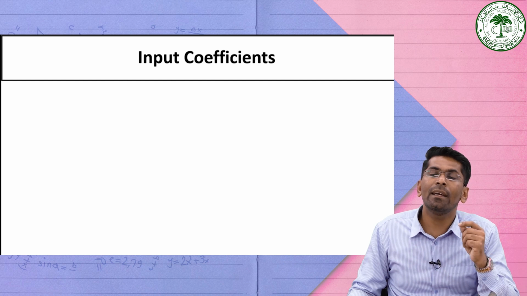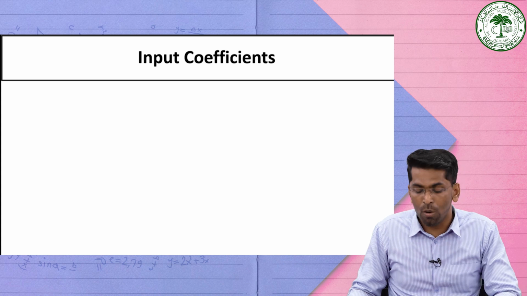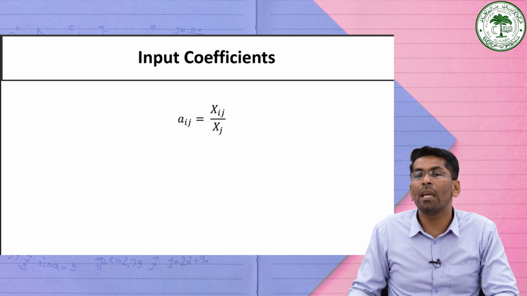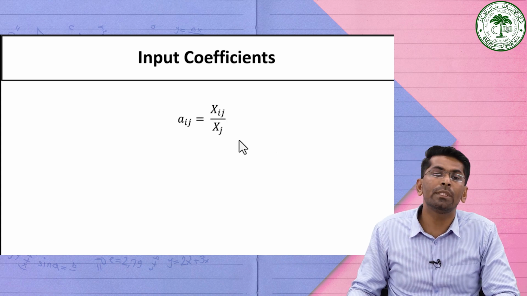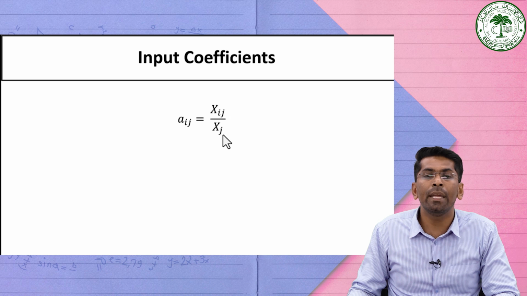If Xj represents the total output of the jth sector, then we can write the input coefficient aij as equal to Xij divided by Xj.